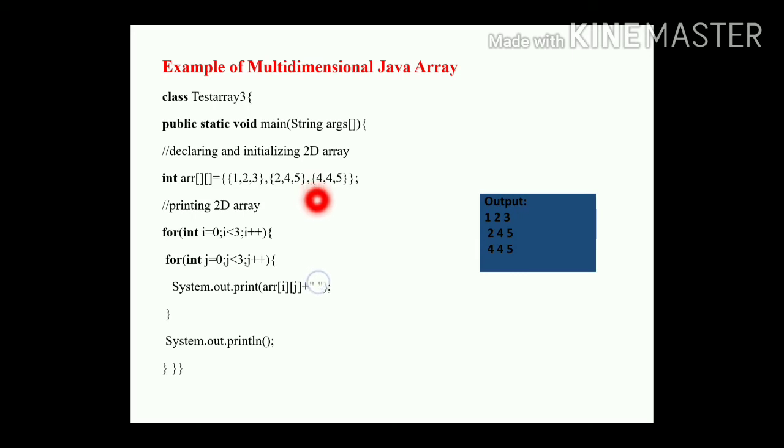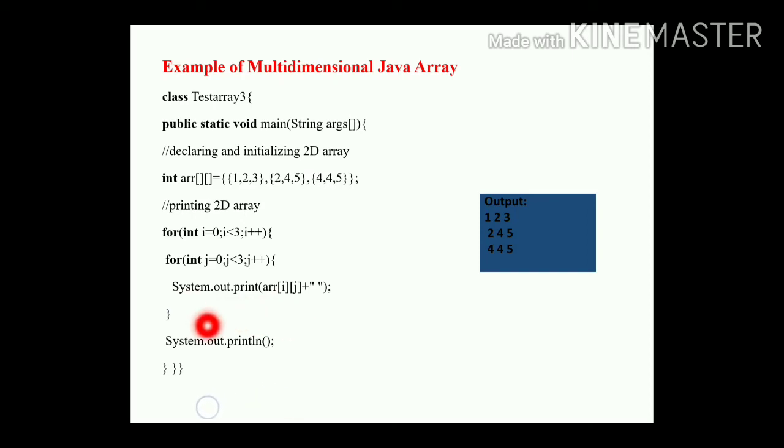To print a multidimensional array, for this we use a for loop: for int i equal to 0, i is less than 3, i plus plus; for int j equal to 0, j is less than 3, j plus plus. For printing the array of i and j elements, we are going to use system.out.print.